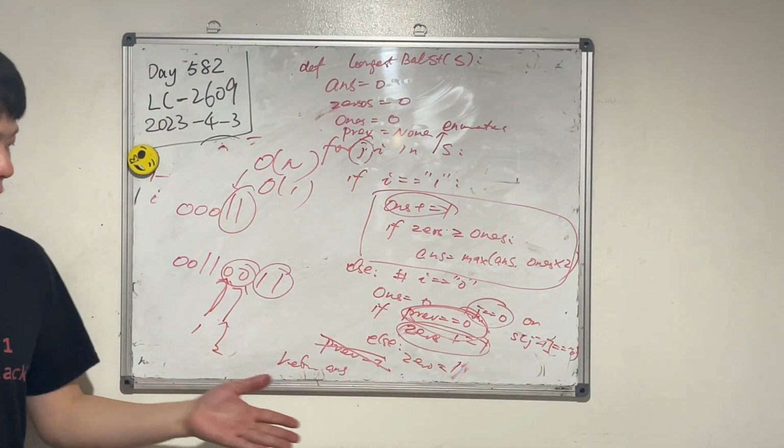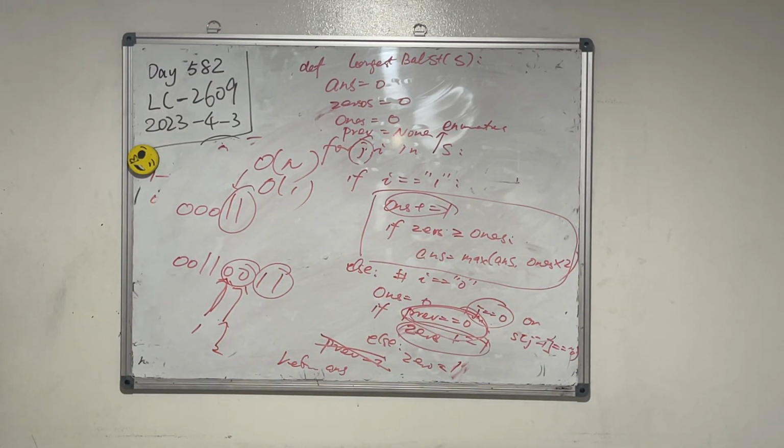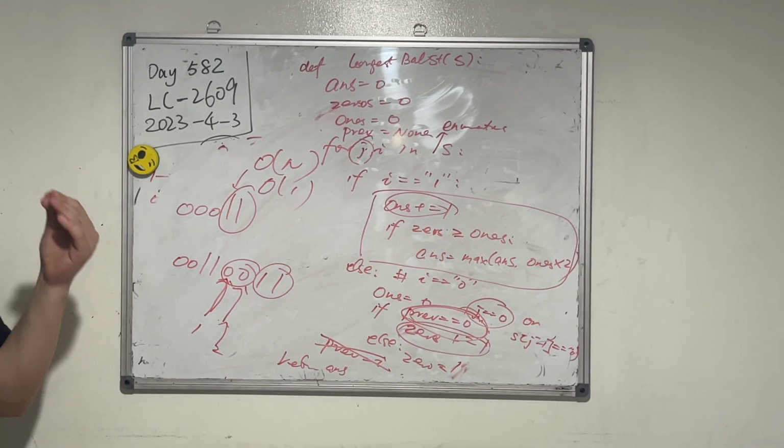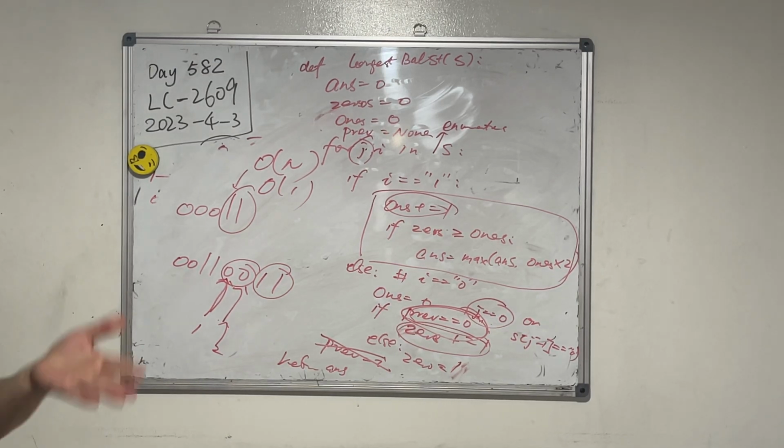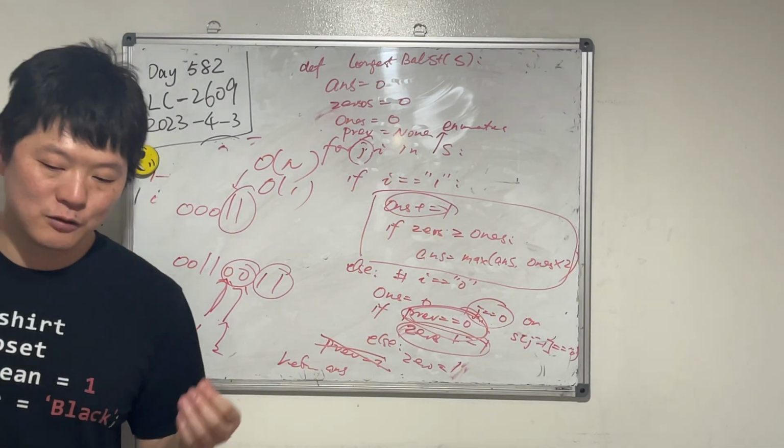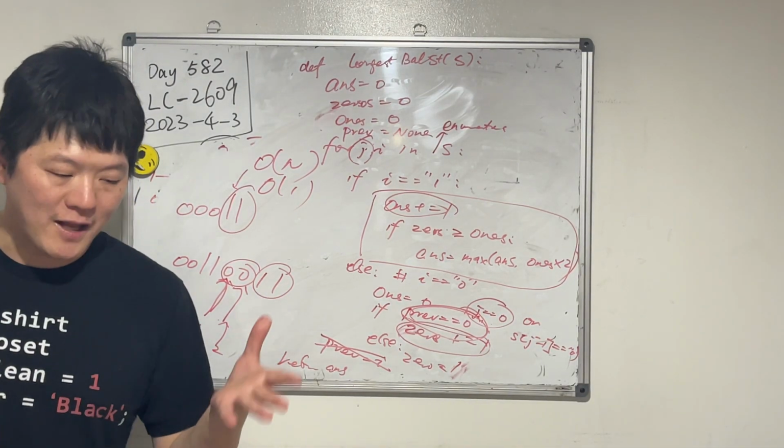A better approach is going from left to right and counting the number of ones and the number of zeros. If the number of zeros is more than or equal to the number of ones, then we know we can make a group of the number of ones times 2.